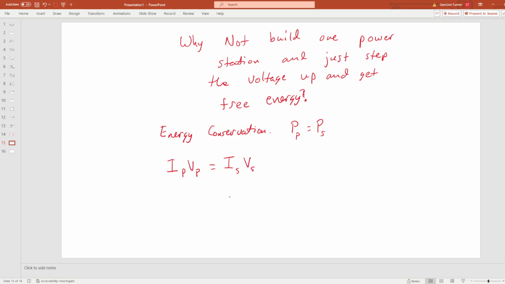And so with this, let's say we built a step-up transformer so that my primary voltage was less than my secondary voltage. What that means, the cost is that my secondary current is less than my primary current.